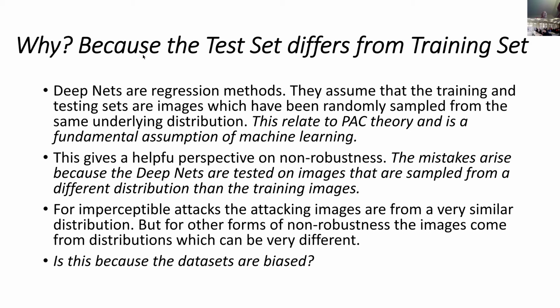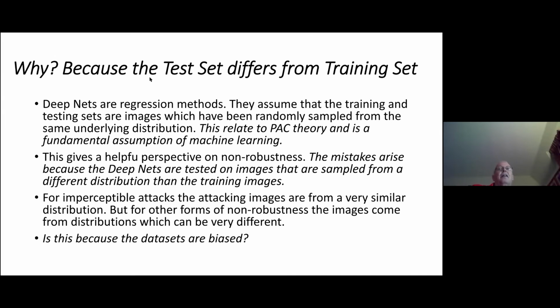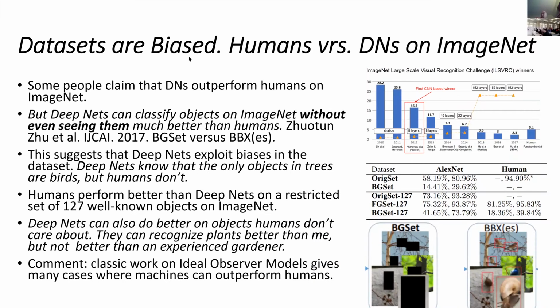However, data sets are biased. I've worked in computer vision for a long time now, almost 40 years, and I've never seen a data set that hasn't been biased. And as I'll argue, that's not because computer vision researchers are bad at making data sets. It's because this is inevitable.